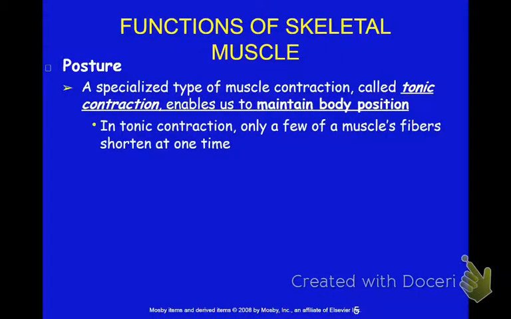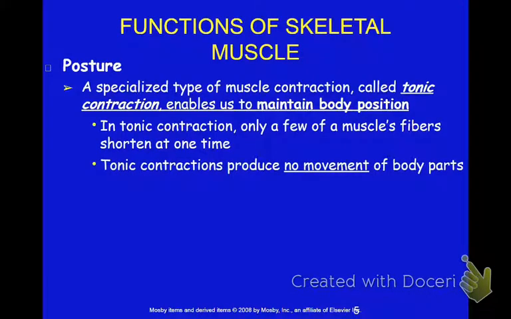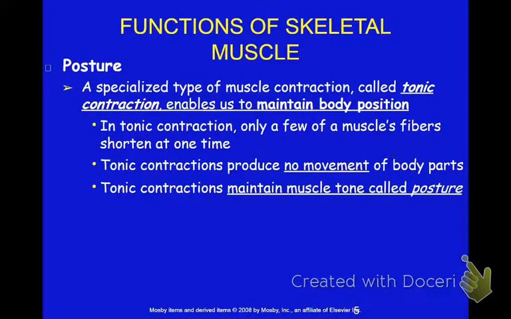Tonic contractions are not where you're flexing a whole bunch of muscles at the same time. It's just small little groups, a few muscle fibers, just a few muscle cells taking their turns one at a time. And you're not going to have any visible movement, yet your body's going to be able to maintain your posture.